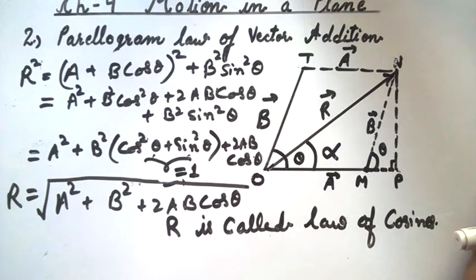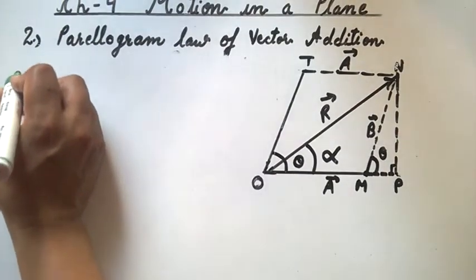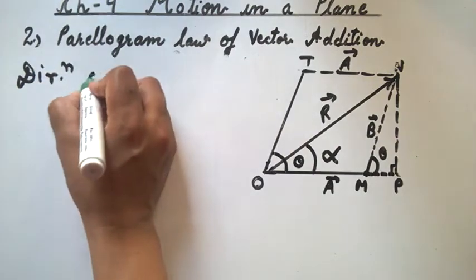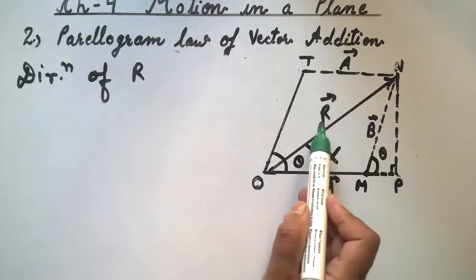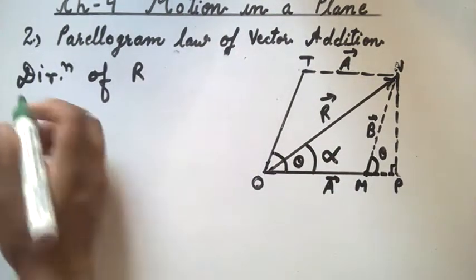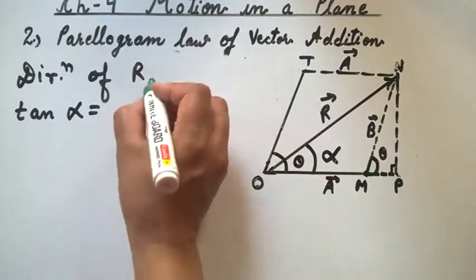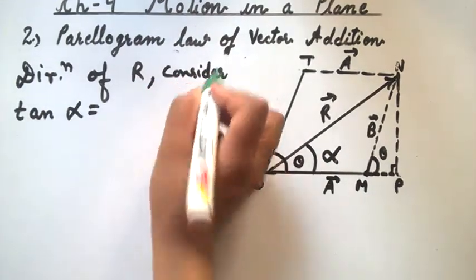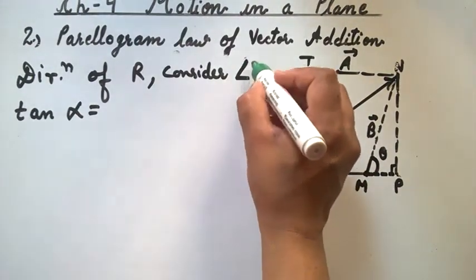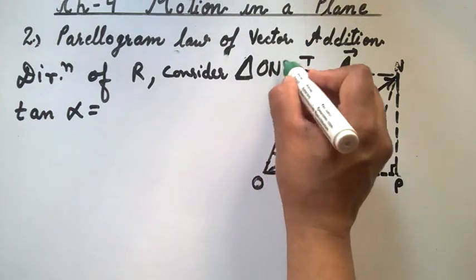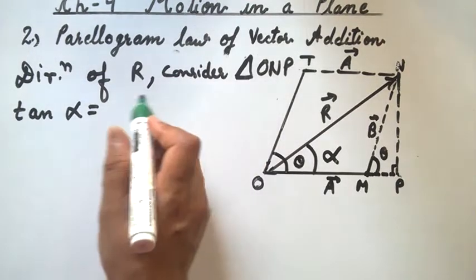Now let's find its direction. Direction of R. We know that here R is making an angle alpha with A vector, and tan alpha equals, when we consider right angle triangle ONP, tan alpha is given as perpendicular by base, that is NP by OP.